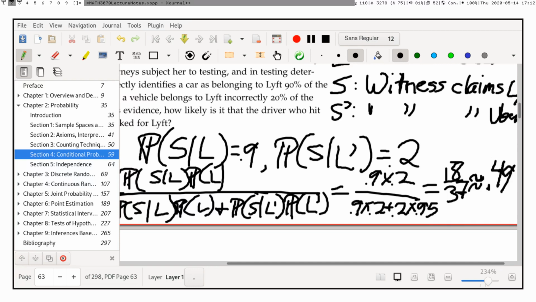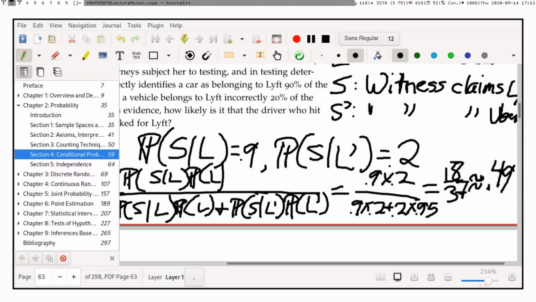Which, for what it's worth, is less than 0.5, which means that there's two possibilities for the car, and it is true that the odds that the car is a Lyft car did increase, but it's not above 50%, which means that it's less likely that the car is going to be a Lyft car, and more likely that the car is going to be an Uber car.